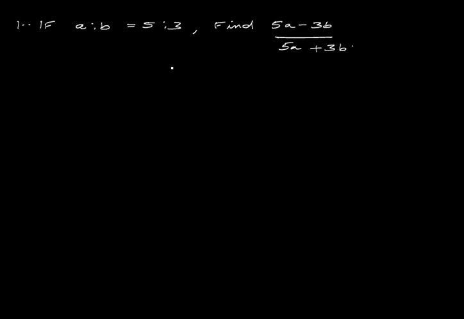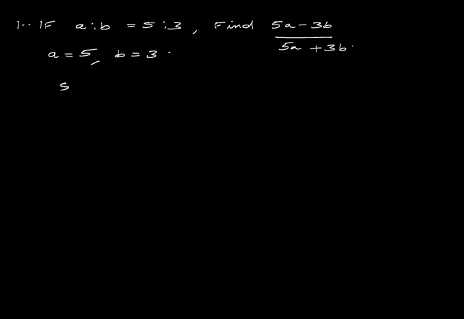According to our definition, a ratio is a way of comparing two or more quantities. So here A is to B equal to 5:3 means when A becomes 5, B always would be 3. So from this we can assume that A is equal to 5 and B is equal to 3.